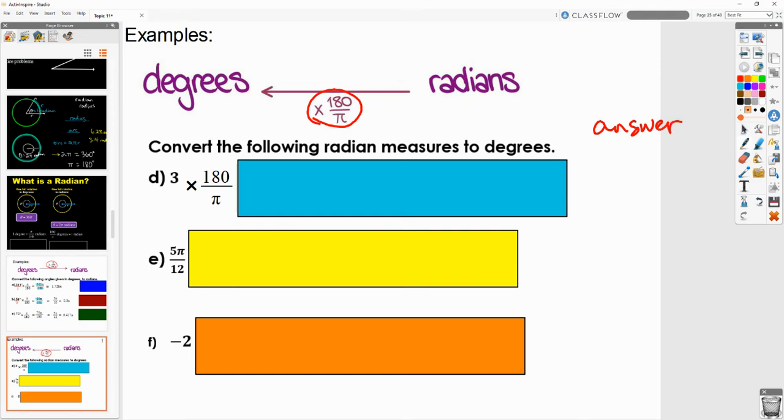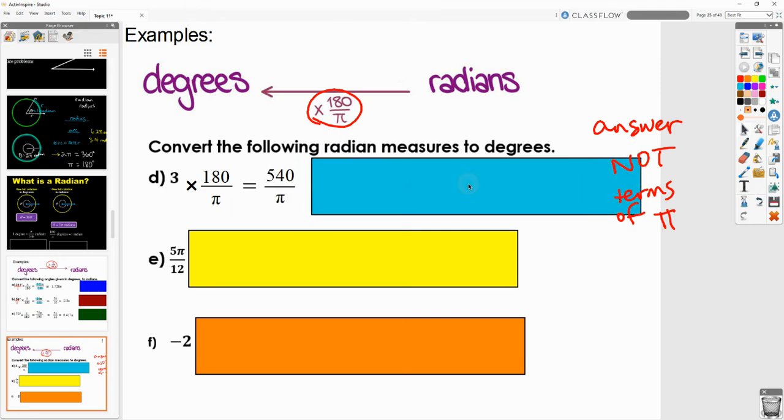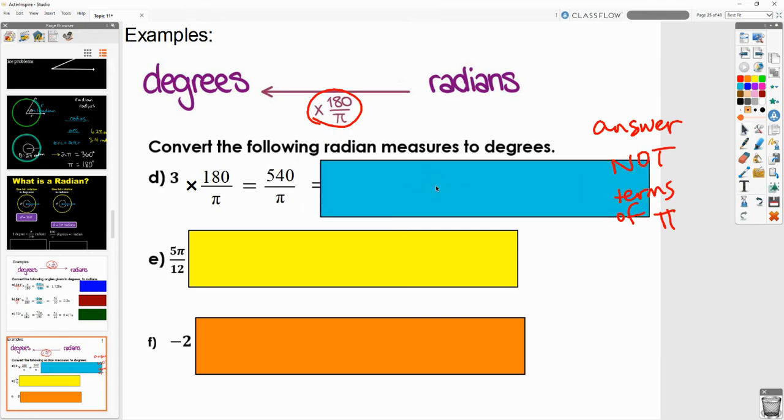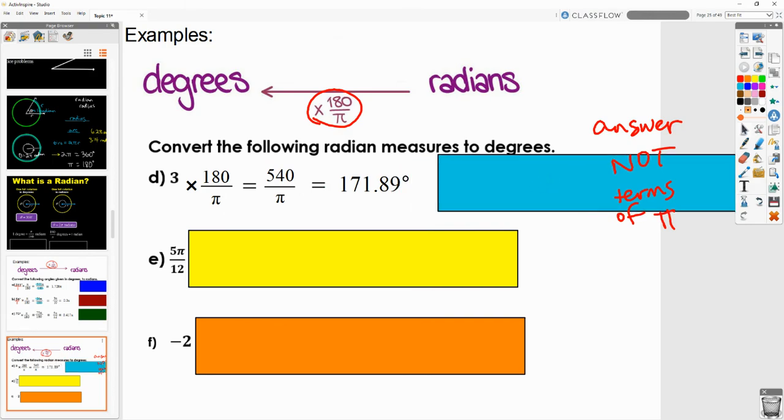So this time our answer is not in terms of pi. That's going to be equal to 540 over pi. And that's something you can just type right into your calculator. 540 divided by 3.14, we get an approximate answer of 171.89 degrees. So 3 radians is equal to that many degrees.